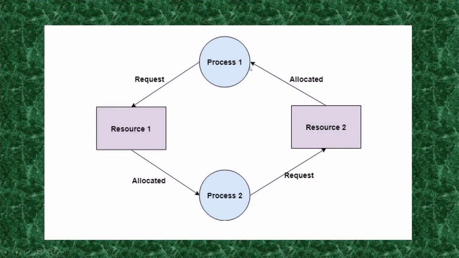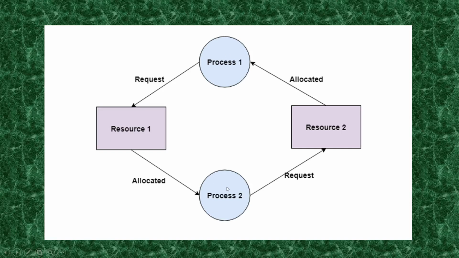Here in this diagram we can see that process 1 requests resource 1, but resource 1 is allocated to process 2. In the same way, process 2 requests resource 2, but it is allocated to process 1. Here all processes are dependent on each other. Resource 1 is being used by process 2, so process 1 needs to wait for its complete execution by process 2.